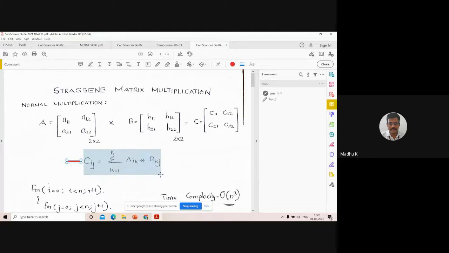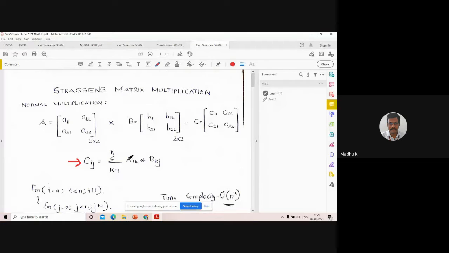In general, we can say Cij is equal to sigma k equal to 1 to n of aik into bkj. So this is the general equation for getting the elements in the matrix C.